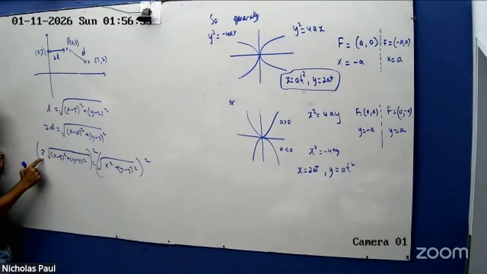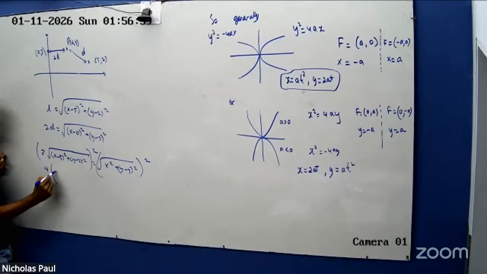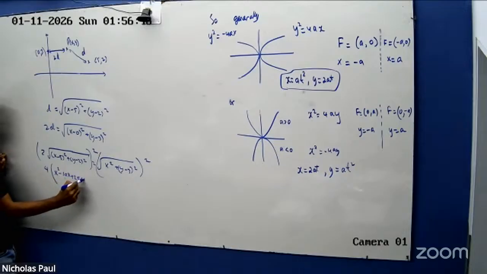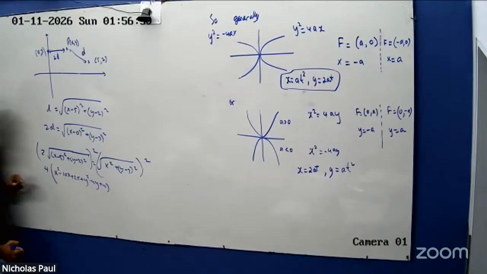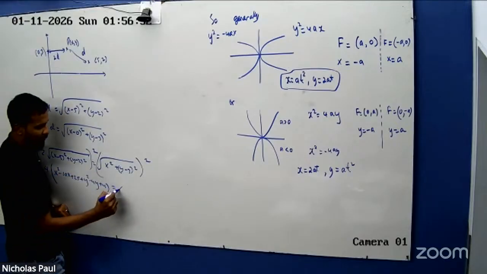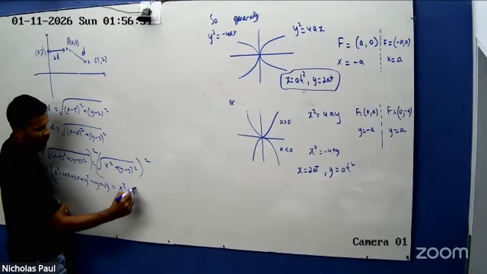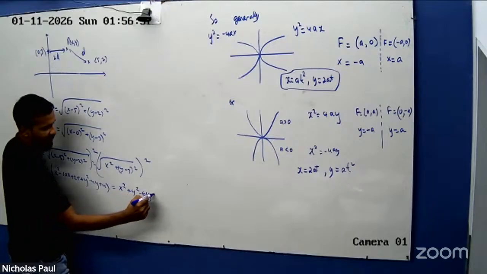We forget the 2 here. So you'll end up with 4 times everything in here squared. x squared minus 10x plus 25, y squared minus 4y plus 4. And here, this will be x squared plus y squared minus 6y plus 9.